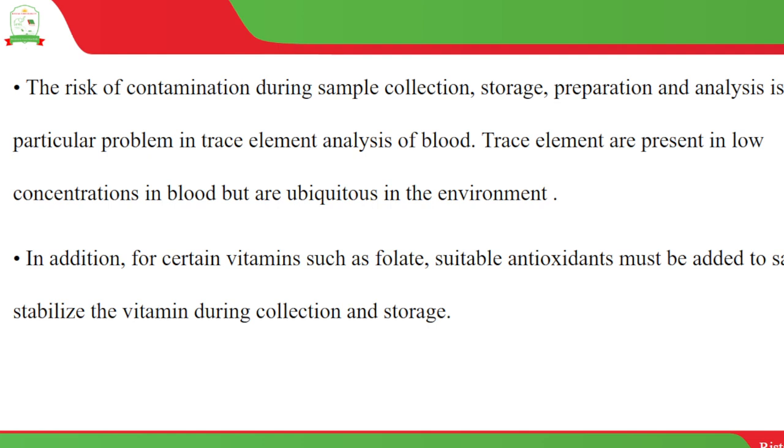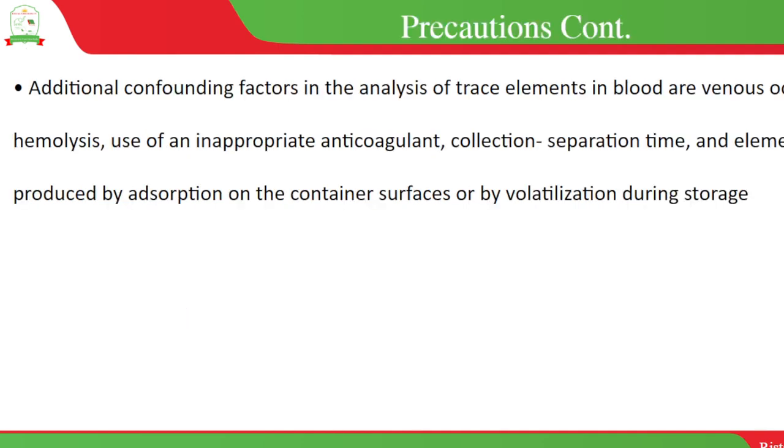In addition, for certain vitamins such as folates, a suitable antioxidant must be added to the sample to stabilize the vitamin during collection and storage. That is if you're keeping it for a long time. However, if you're taking it directly for analysis, then that may not be necessary.